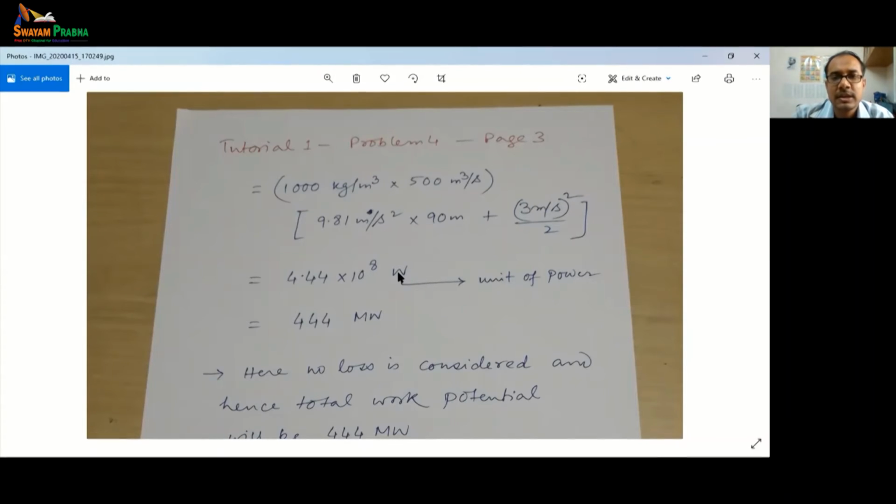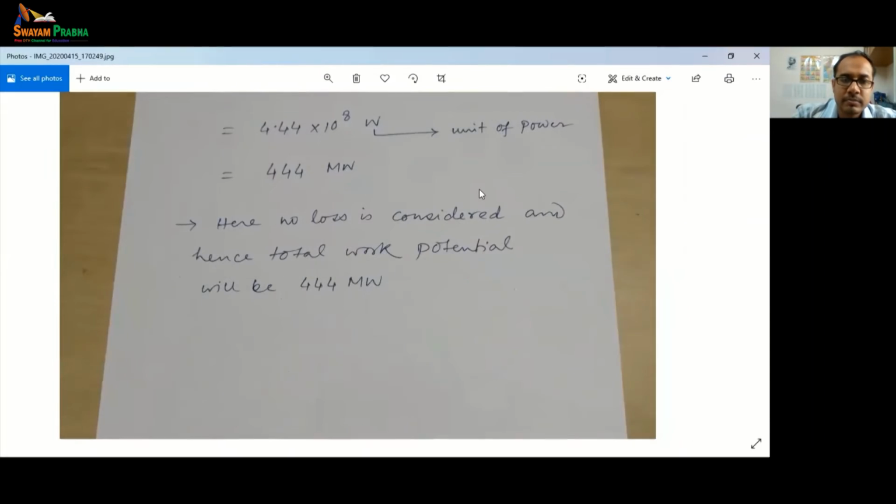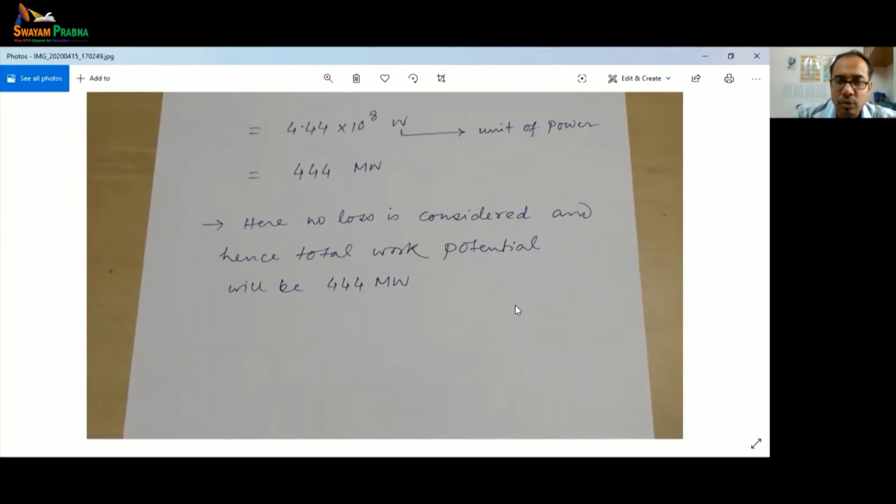Watt is the SI unit of power. And you can convert it into a more manageable number by converting it into megawatt, that means 10 to the power 6 watt. This will be 444 megawatt. As there is no loss considered here, the total work potential will be 444 megawatt.